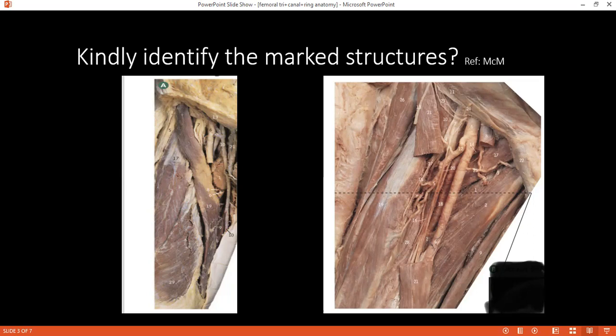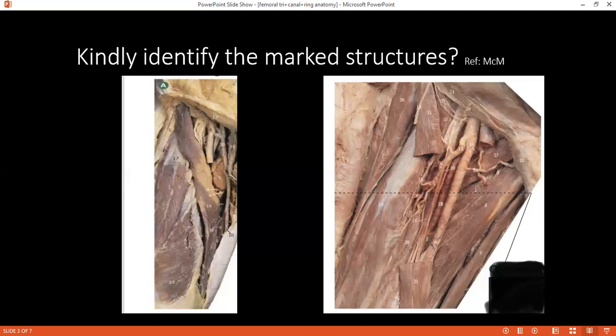Can you please tell me what are the contents of the femoral triangle from medial to lateral? The femoral canal, femoral vein, femoral artery, femoral nerve, superficial and deep inguinal lymph nodes, femoral branch of genitofemoral nerve, lateral cutaneous nerve of thigh, great saphenous vein.